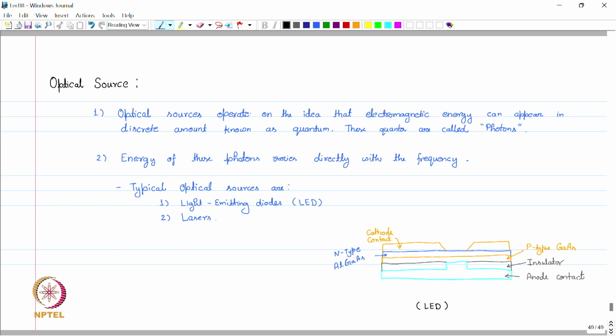These layers actually generate these optical photons when we excite them with an electrical signal, when we bias a voltage between the cathode and anode. And when these photons are made by this layer, they are coupled directly to the optical fiber. So, for example, this is the optical fiber.